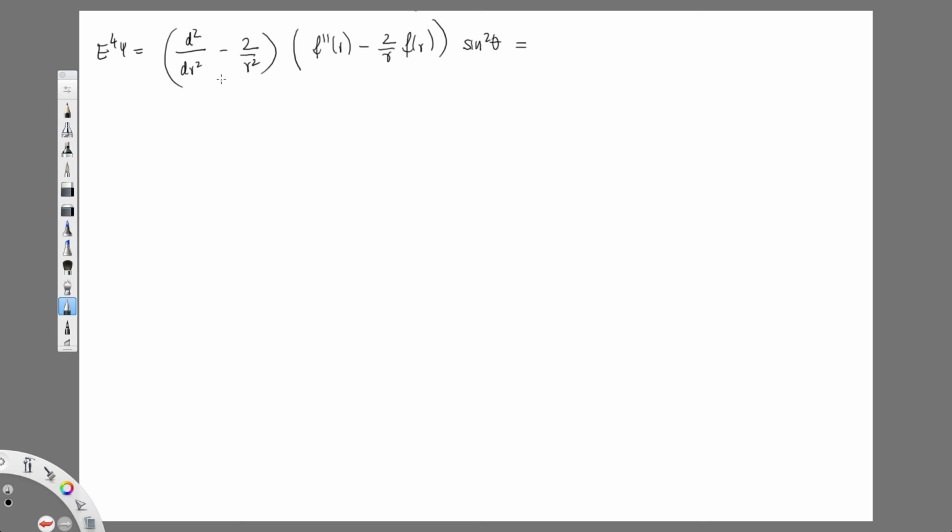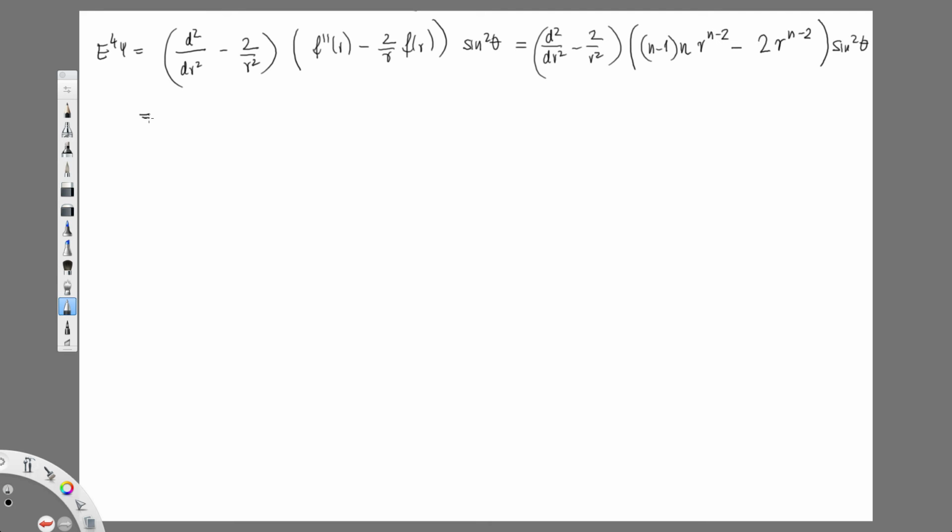I need to do it once, but let me first write what this is. So it's d squared dr squared applied to f double prime, which is n minus 1 n r to the n minus 2, minus 2 r to the n divided by r squared, times sine squared theta.